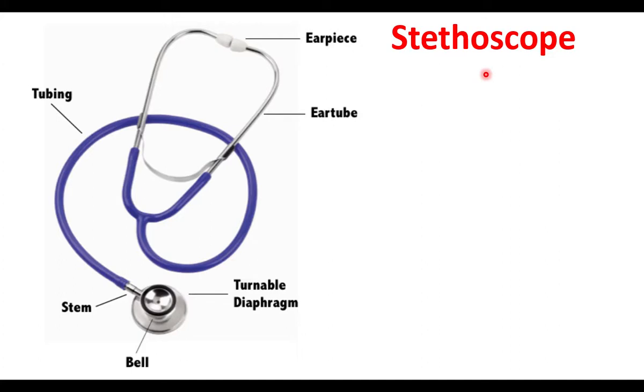It is used to hear heart sound, so a doctor can diagnose whether the heart sound is normal or abnormal. So a diseased condition can be diagnosed with the help of stethoscope. It is used to hear lung sound and other internal organs. It is used to diagnose diseases.